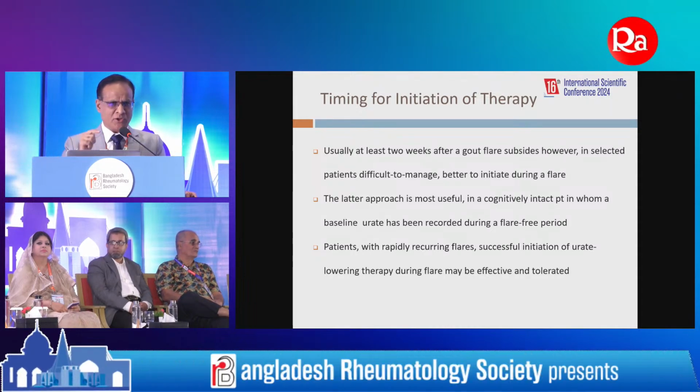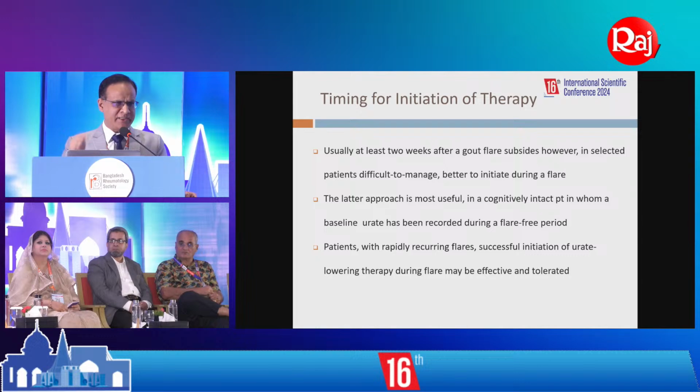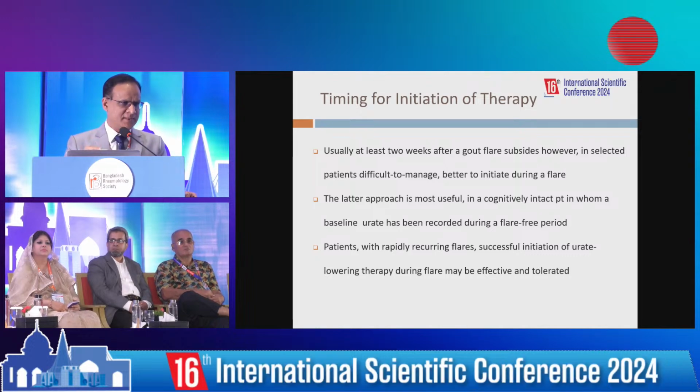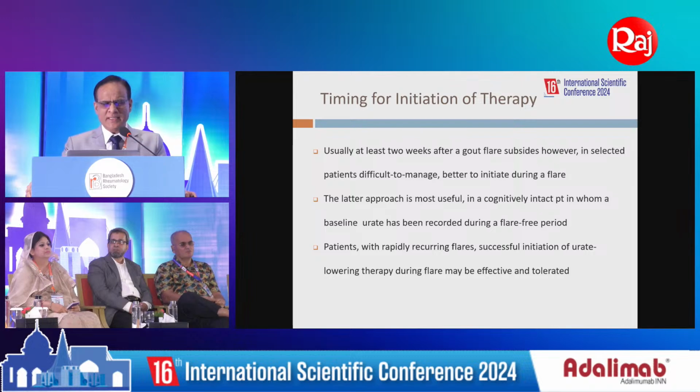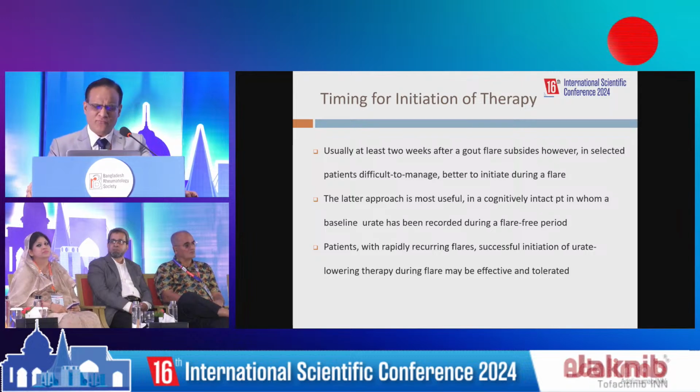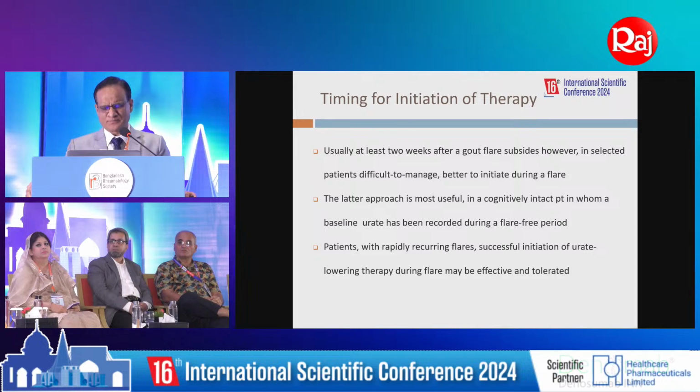But the great majority of doctors throughout the world use urate-lowering drug at least two weeks after subsiding of the acute flare. So what should we do? What is the rationale? Usually at least 2 weeks after the gout flare, but in selected patients who are difficult to manage, it is better to initiate during a flare.